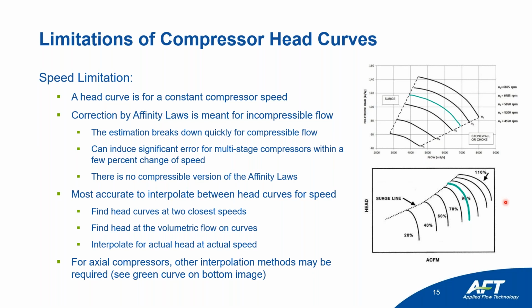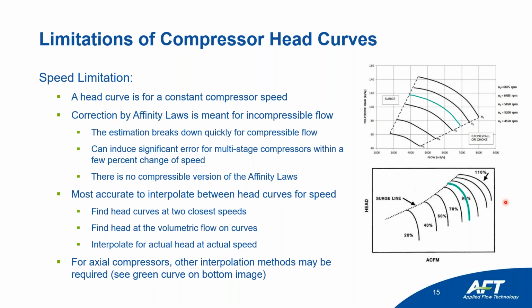And just like we were mentioning with the head curves, but to a much greater extent, multi-stage compressors will really break down the affinity laws. I've seen a multi-stage compressor where within like a 5% speed change, the error was 25%.